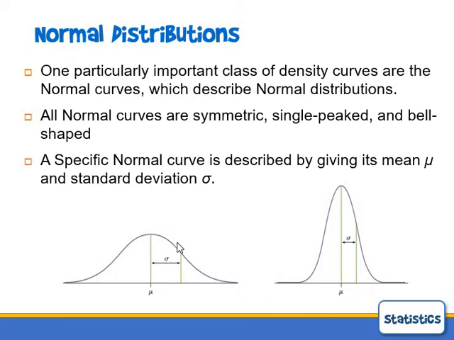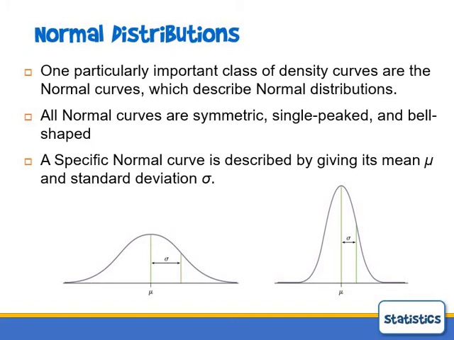If you go from mu to mu plus sigma, that gets you exactly to that point. If you do mu minus sigma, it gets you exactly to the inflection point on the other side. So sigma, the population standard deviation, very precisely controls how wide the graph is. If you know those two numbers, theoretically you could draw exactly what the graph would look like.